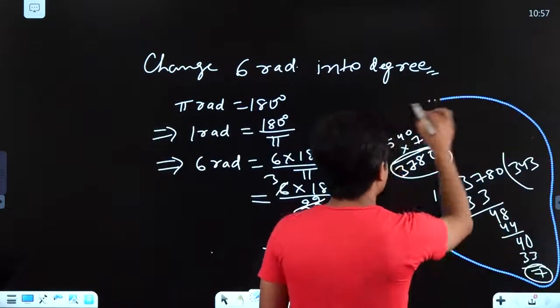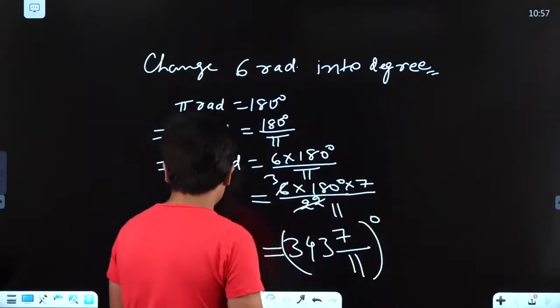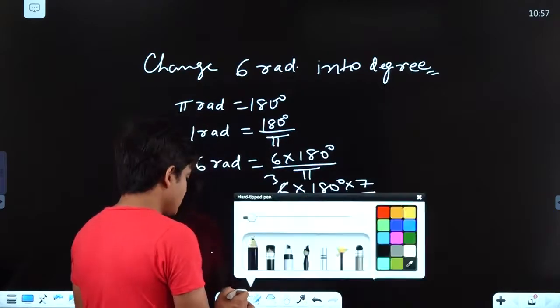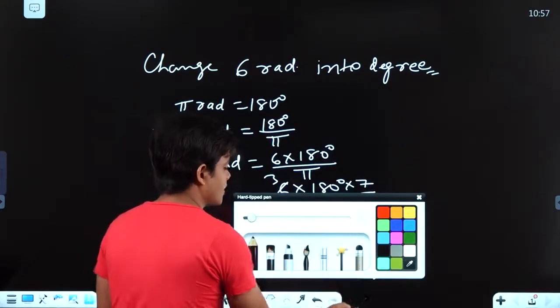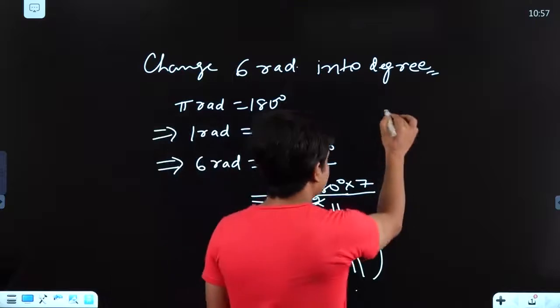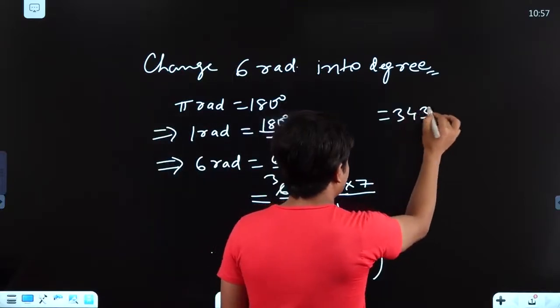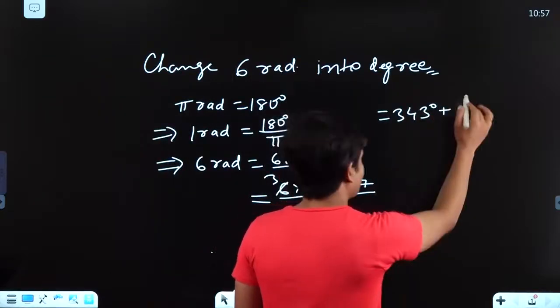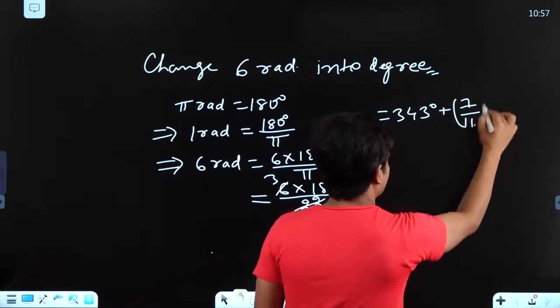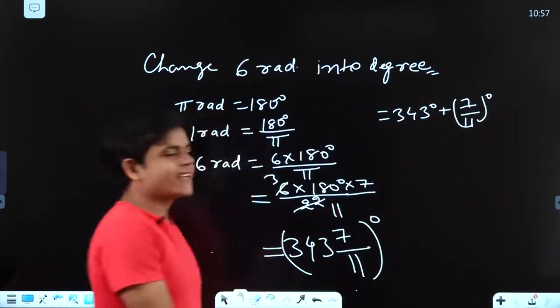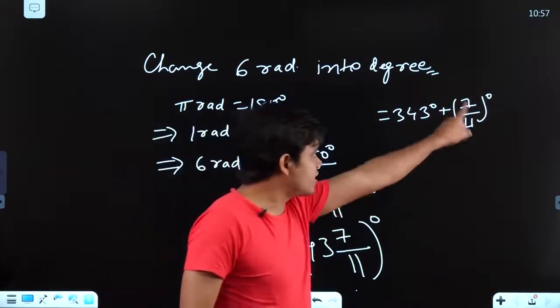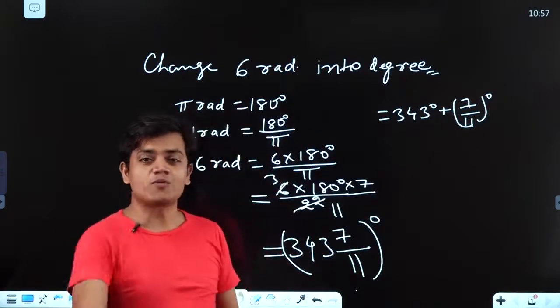So now let's do the calculation and you will understand everything. So this is nothing but 343 degree plus 7 by 11 degree. All right. But we are interested to change this 7 by 11 degree in terms of minute.